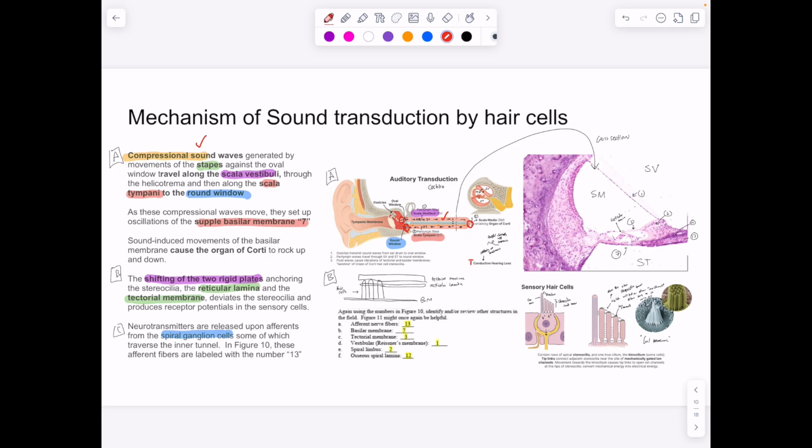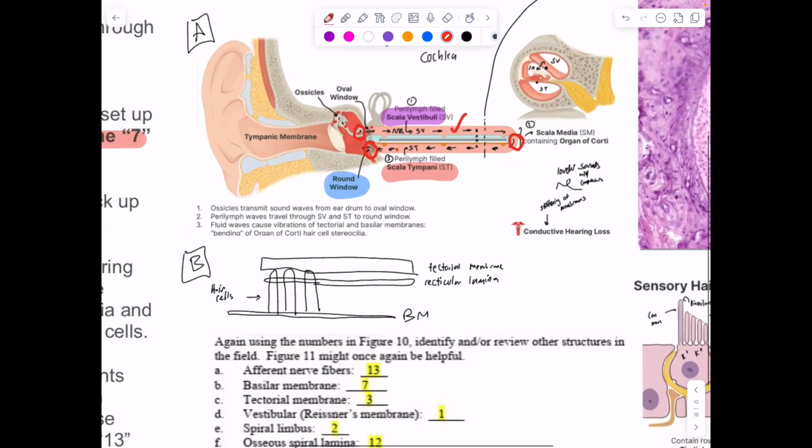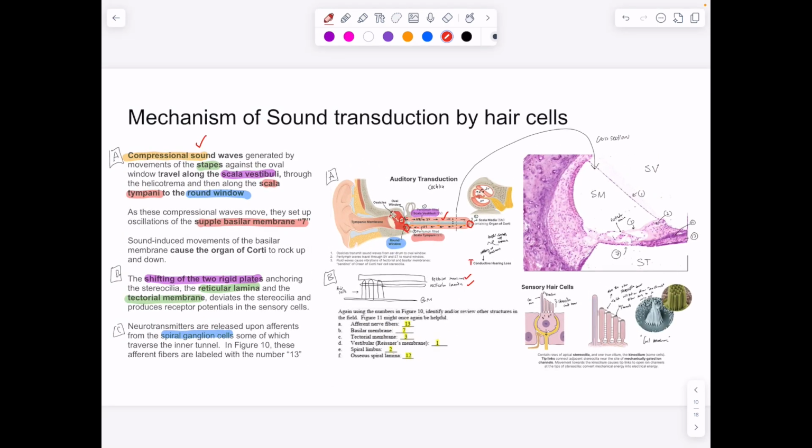And shifting of these two rigid plates, the tectoral membrane and the reticular lamina, deviates the stereocilia, causing an action potential to occur. We know that the basilar membrane is the floppy one that's wiggly.